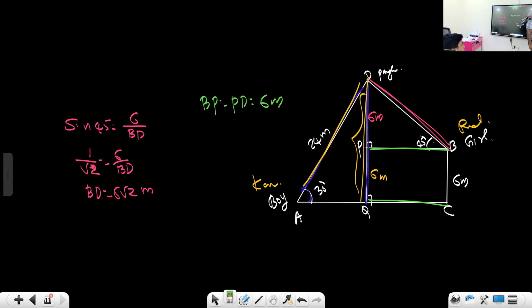I didn't use trigonometry. Why? Because this triangle has a 45 angle, so it is an isosceles triangle. Even if you want trigonometry, you can use it, no problem. It's 45, 45, 90, so even using trigonometry you get the same thing. DP equals PB equals 6 meter, equal to CQ.